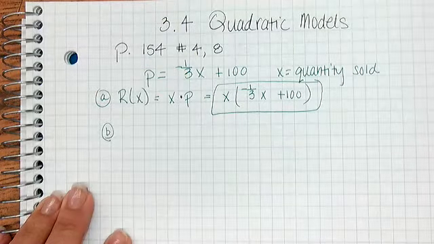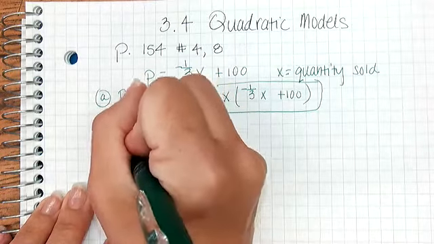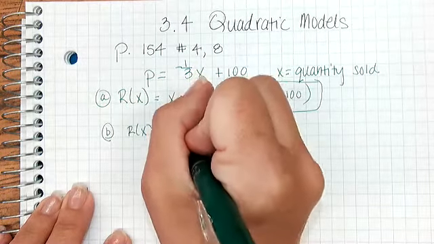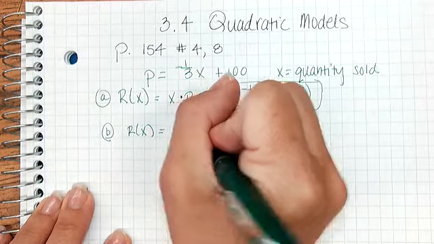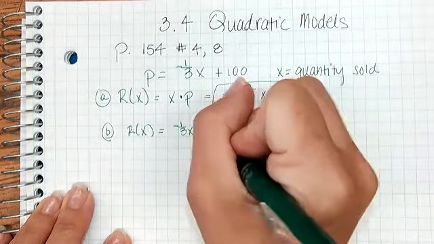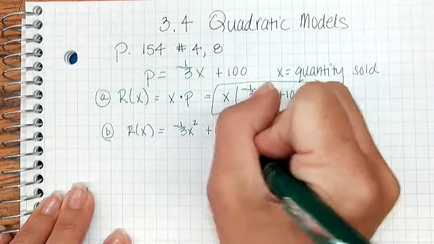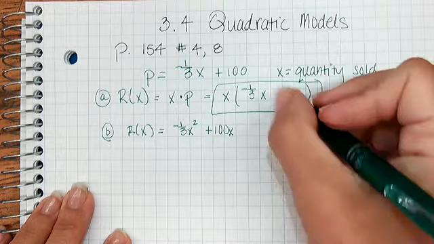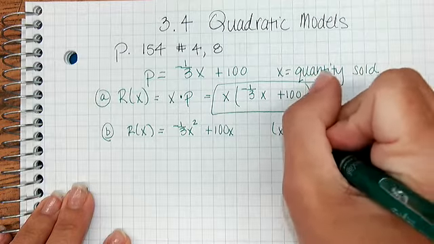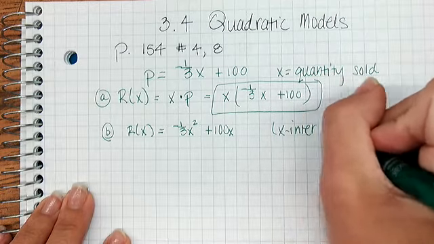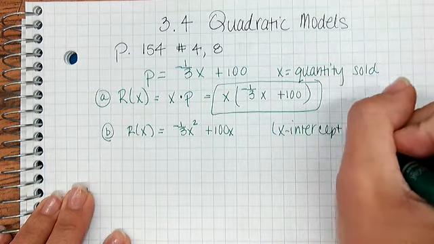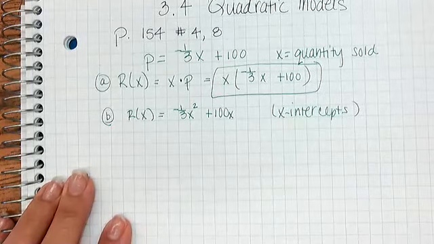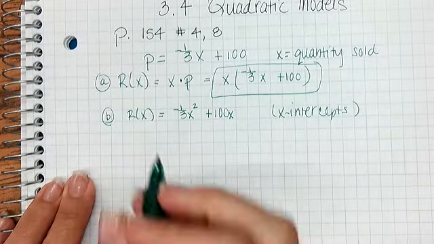Okay, so for the domain, I'm just going to write this out as negative 1/3 X squared plus 100 X. Your domain is going to be determined by your x-intercepts. So actually, I'm going to go back to the factored form.